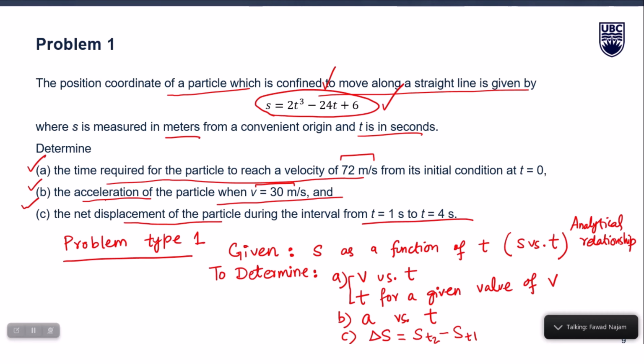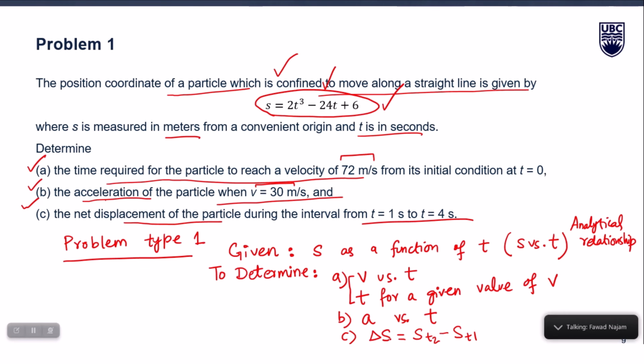So that C doesn't require anything, it will simply require the same given relationship. In the same relationship you will just put t equal to 4 second, get the value of displacement, t equal to 1 second, get the value of displacement, and then you can subtract them to get the net displacement or delta S, right?